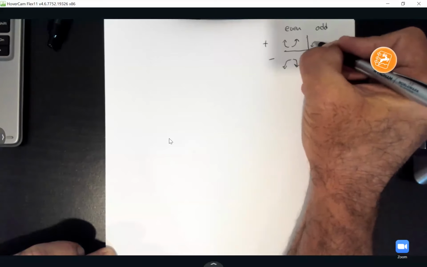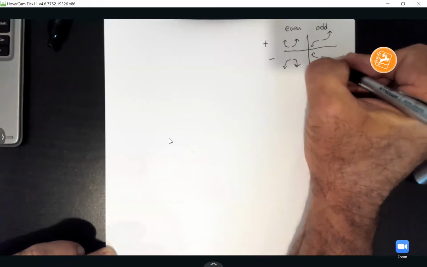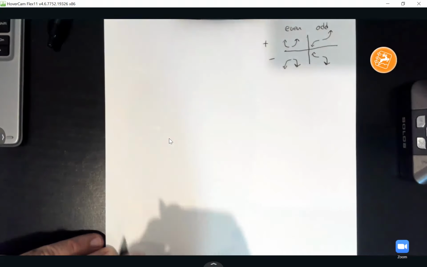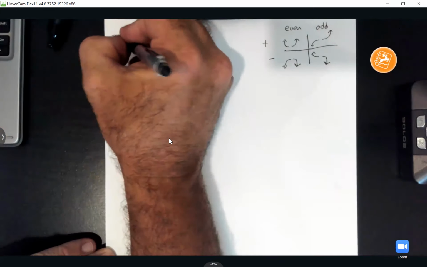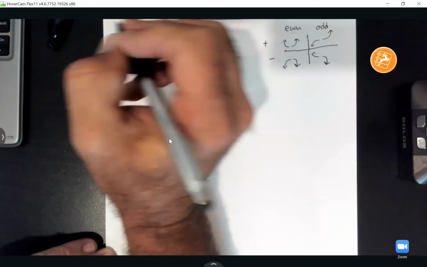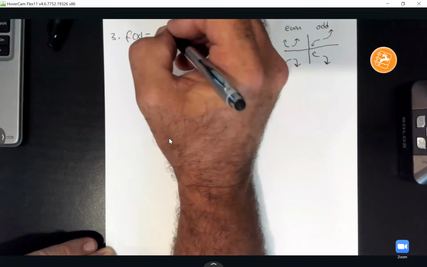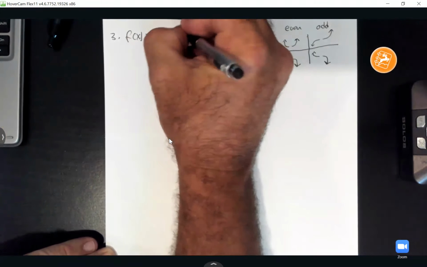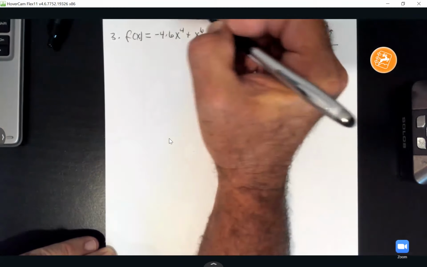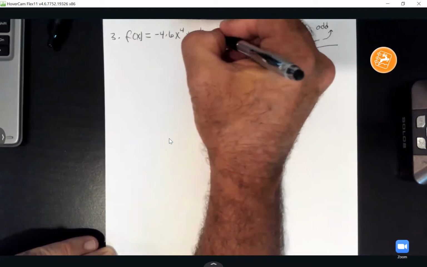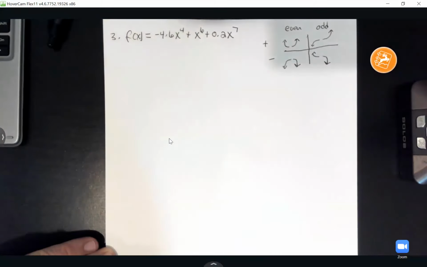Odd and positive went uphill, left to right. Odd and negative went downhill. All right, so number 3 says f of x equals negative 4.6 x to the 4th plus x to the 6th plus 0.2 x to the 7th.